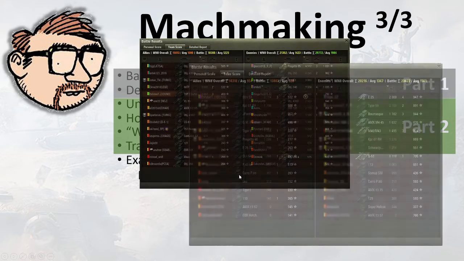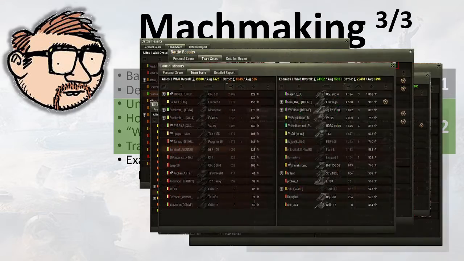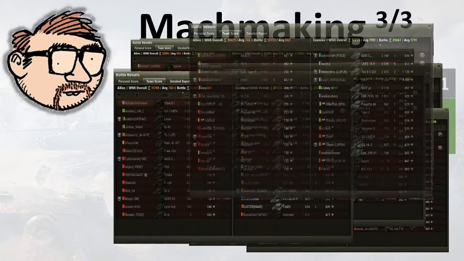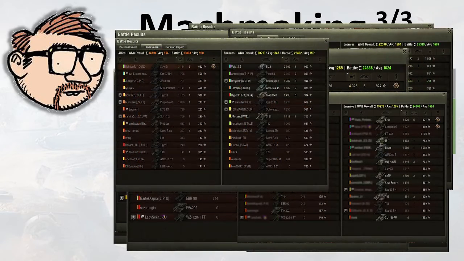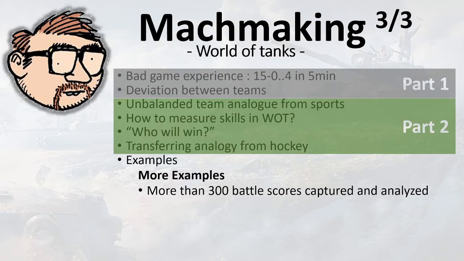More examples. To be honest, I have a lot of these. To be exact, I have more than 300 battle results that I have captured and analyzed. I haven't captured all the battles and all the losses or wins I have faced, but these are, let's say, the ugly ones from the past 1.5 years or almost 2 years.